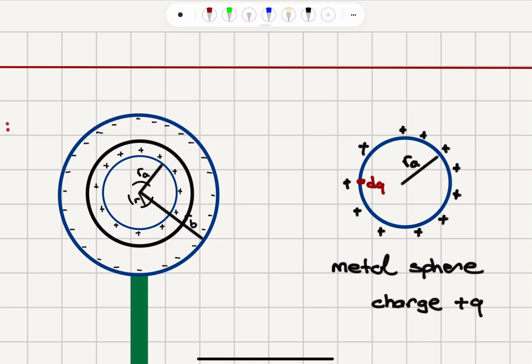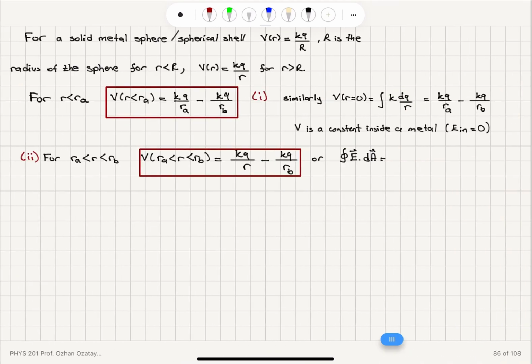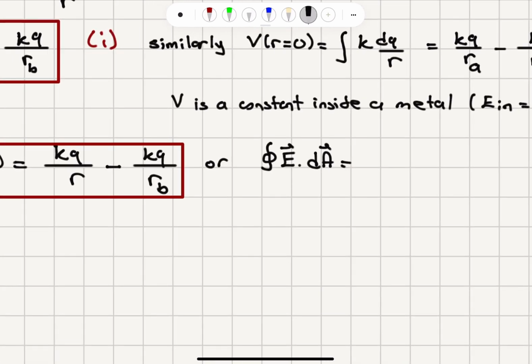All right, so in this region, the charge enclosed by this Gaussian surface is now plus q. So writing Gauss law here, I would have closed surface integral E dot dA equal to the charge enclosed q divided by epsilon 0.